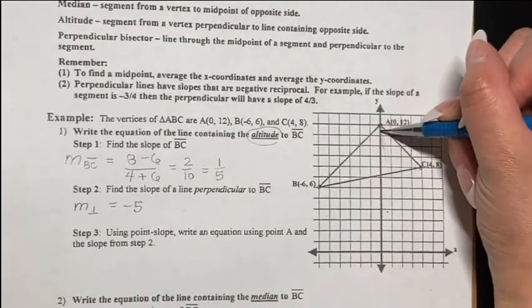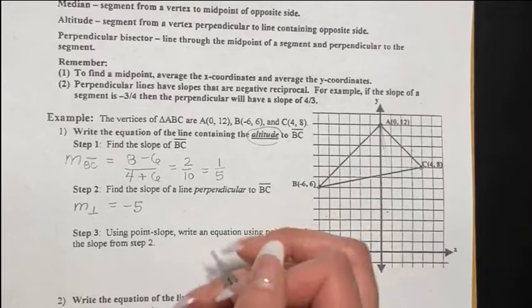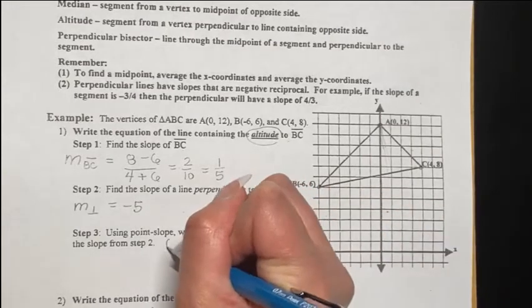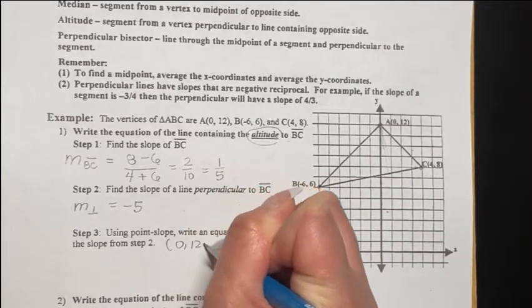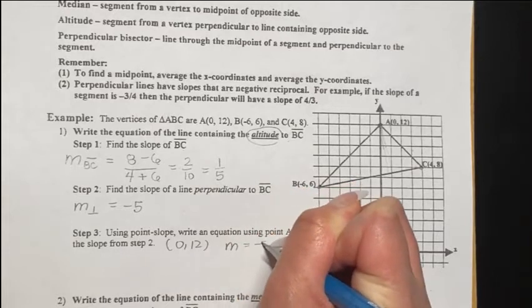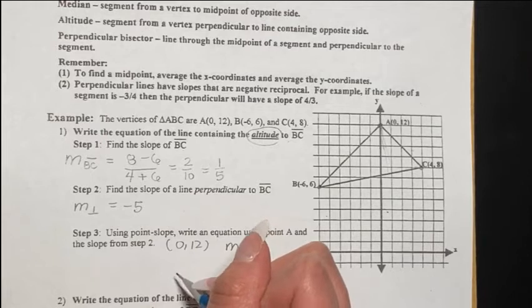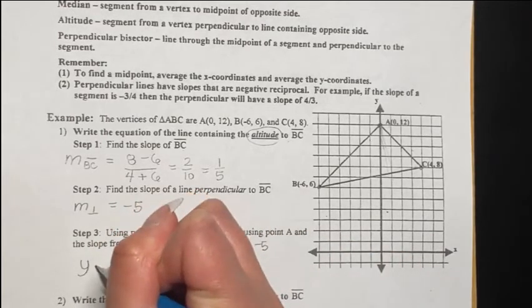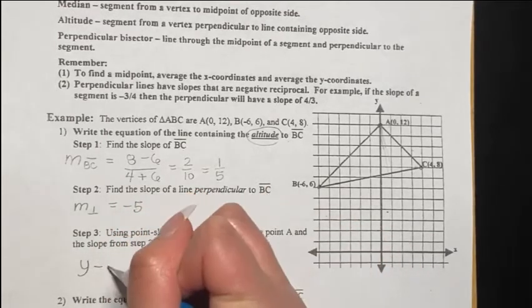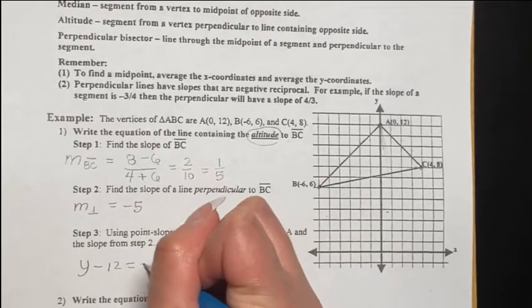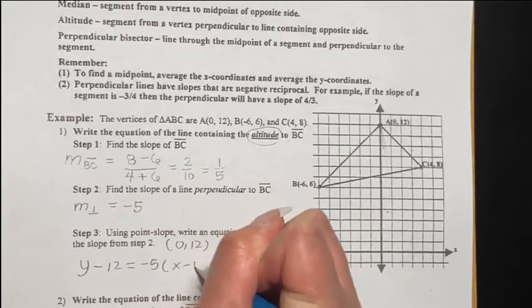Because this line passes through A. So you have your point (0, 12) and your slope is -5. Therefore, using point-slope, y minus 12 is equal to -5 times x minus 0.